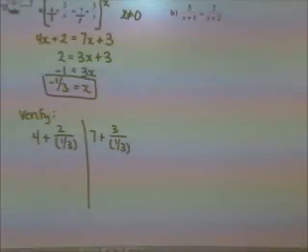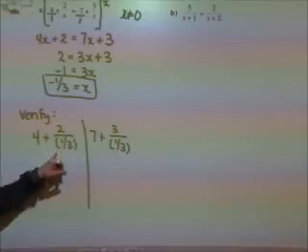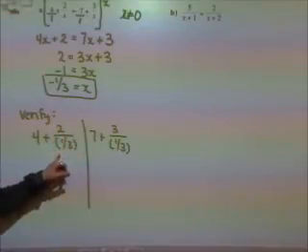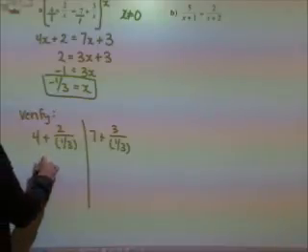So what is 2 divided by 1/3? Remember, divide fractions, multiply by the reciprocal. So what's the reciprocal of 1/3? 3. So what's 2 times 3? What's 4 plus 6?